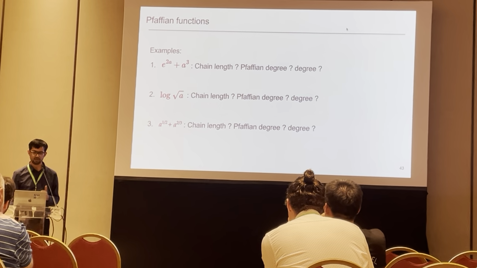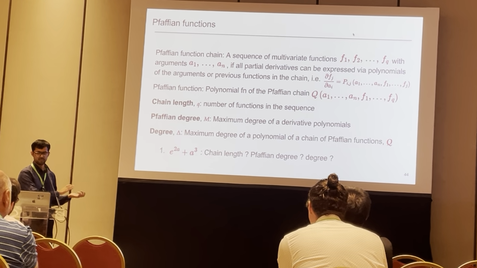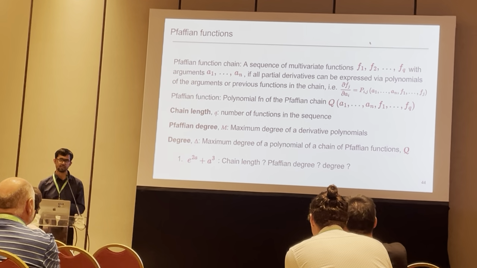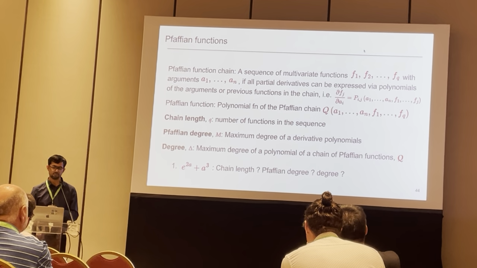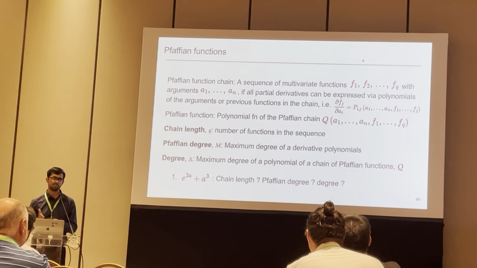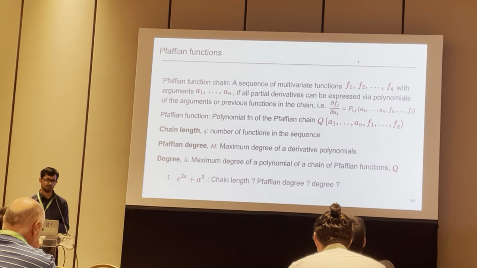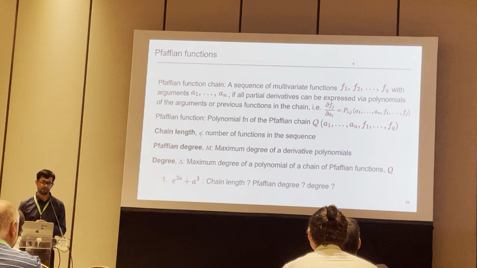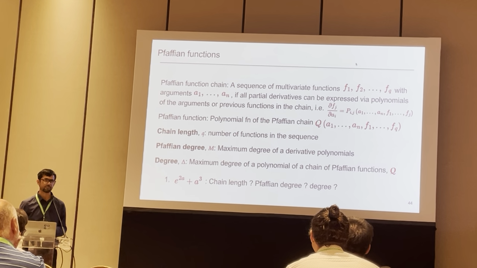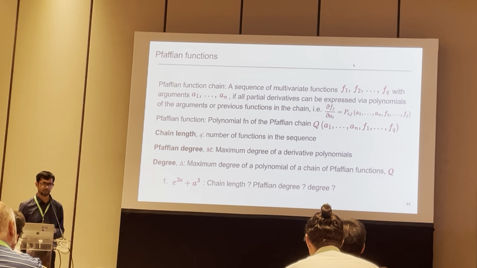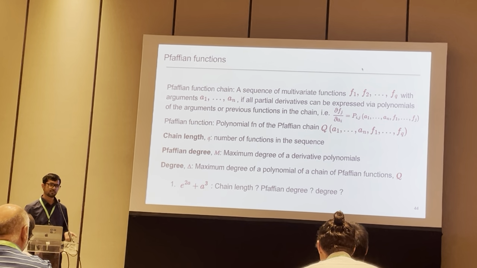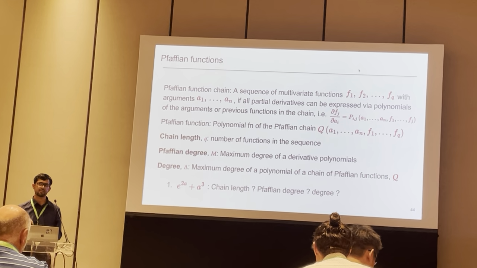Right, so recall the definitions. You have the chain length: you have to create a chain of functions leading up to that function, and you want to show a bound on the number of functions in your chain. You want to give a bound on the derivatives and the degree of the polynomial. Let me work this example out. One interesting aspect is that there's not necessarily a unique way to do this.